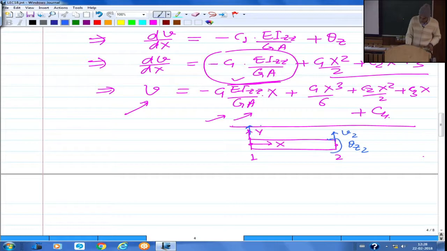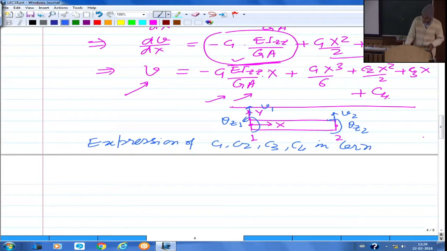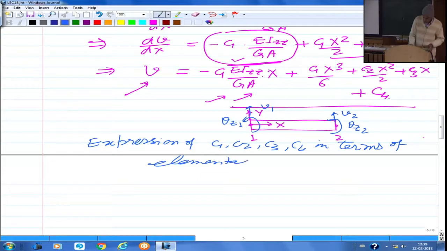So now if we want to express C1, C2, C3, C4 in terms of elemental degrees of freedom, we look at the expressions and use these conditions.